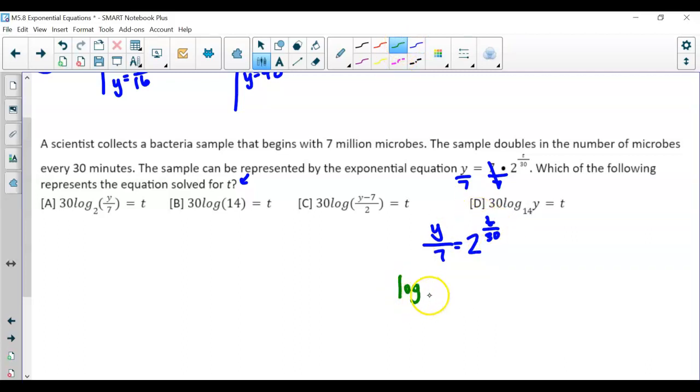So this is log base 2 of y over 7. That is equal to your exponent of t over 30. So now notice you are dividing t by 30. So now what's the last step? Multiply by 30. That's why the answer here is A.